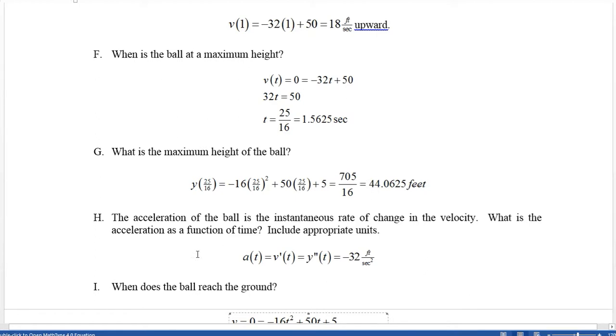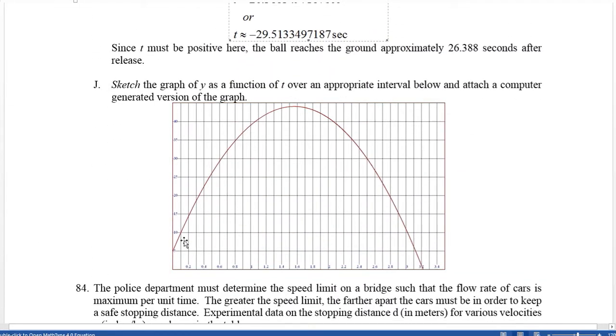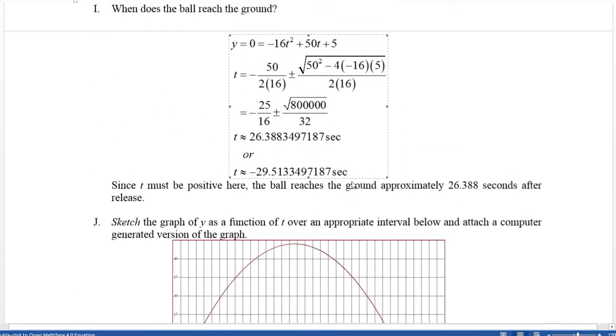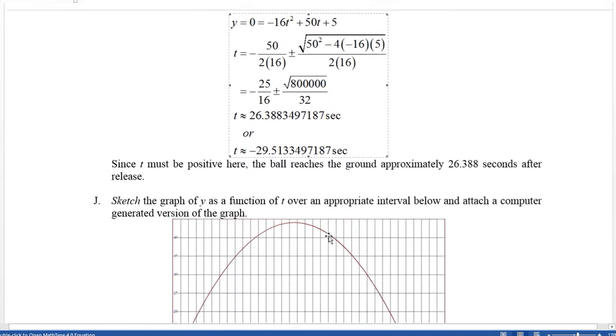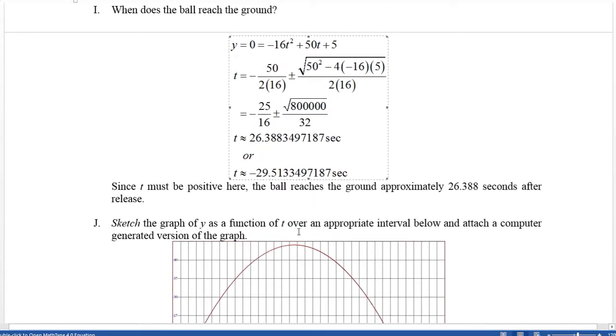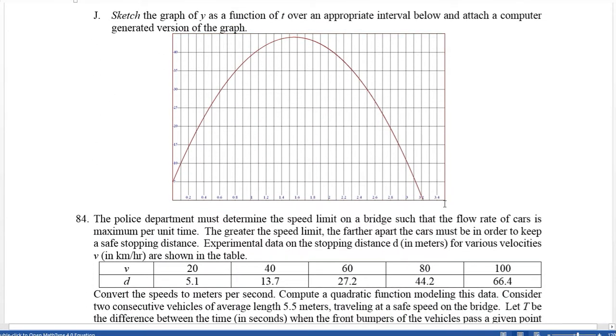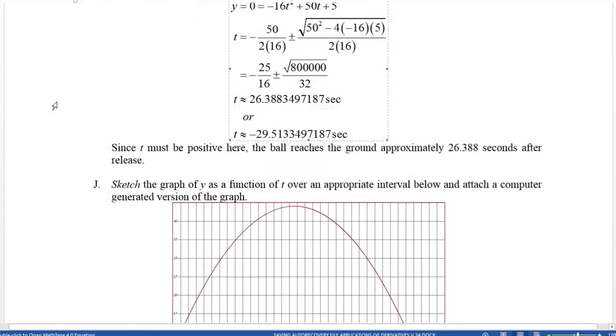We need to go up, I'd say, at least to 45. Here I went up to 50, and actually I went up to 45. And from 0 to 45 on y, and I went just slightly past the time of 26.4 or something. I went just to... no, the time was what?